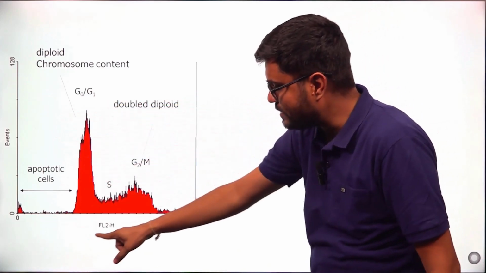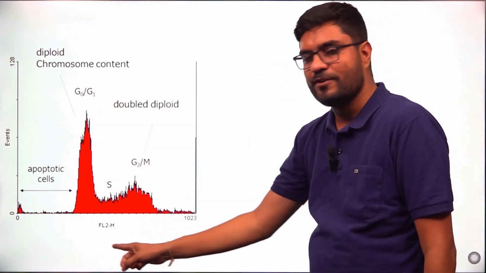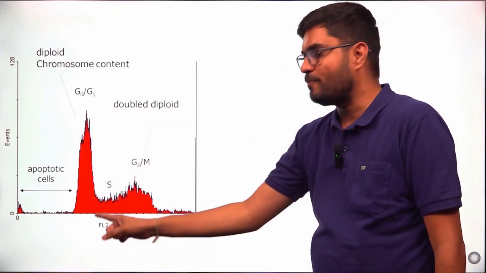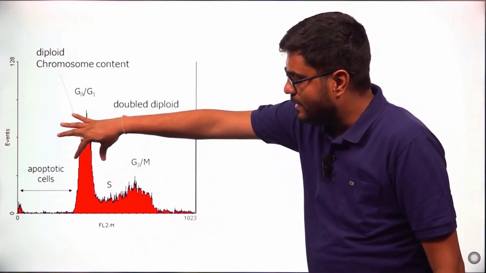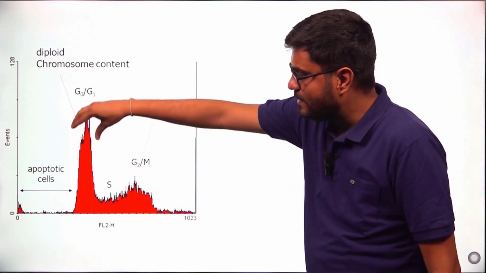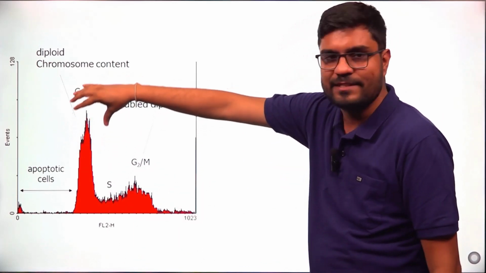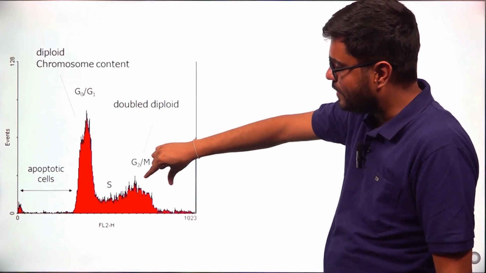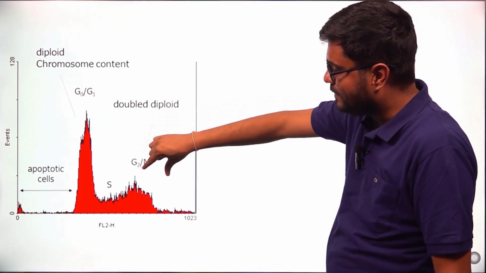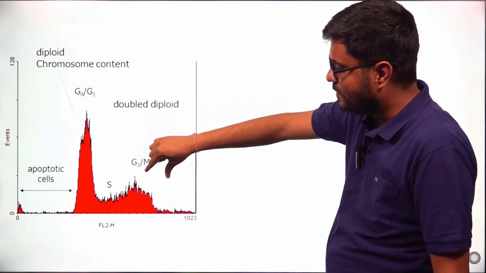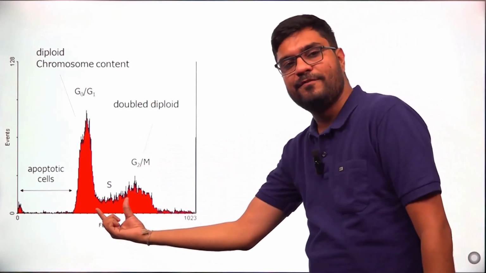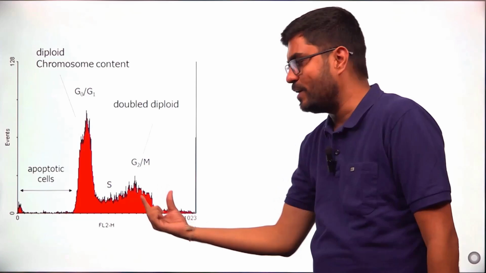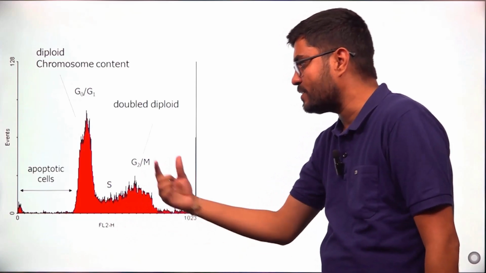FL2 is the channel of the flow cytometer which gives us the fluorescence of propidium iodide. Least binding of the DNA binding dye, least amount of fluorescence, that is X. Highest binding of propidium iodide, highest amount of DNA content, highest amount of fluorescence signal, 2X. In between, the signal is between X and 2X, or the amount of DNA is between X and 2X.